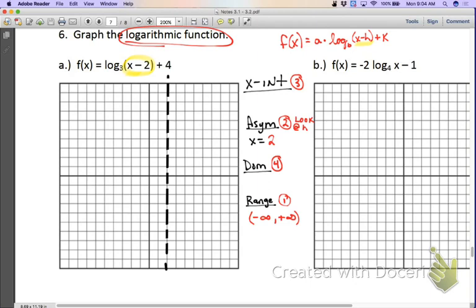What realistically is y of my function? The f of x. So I'm going to go 0 equals log base 3 of x minus 2 plus 4.